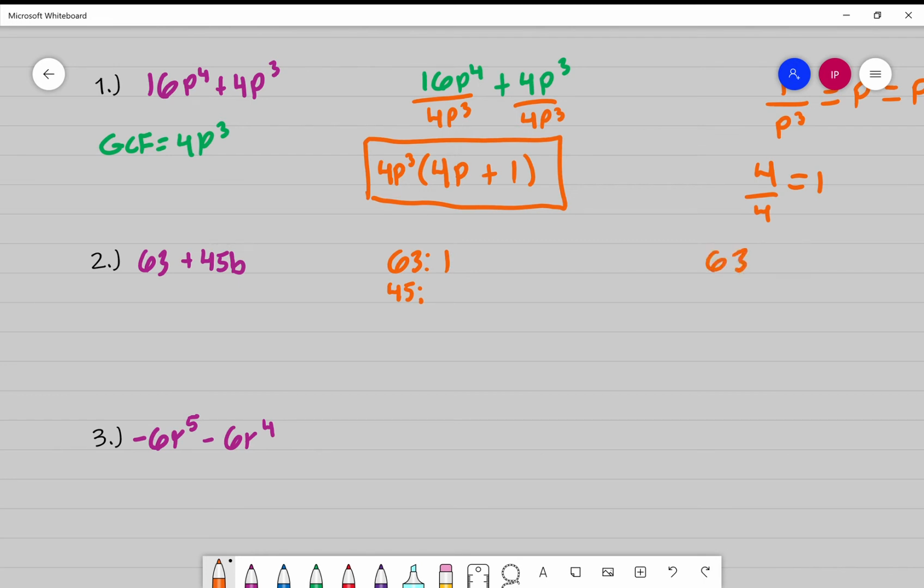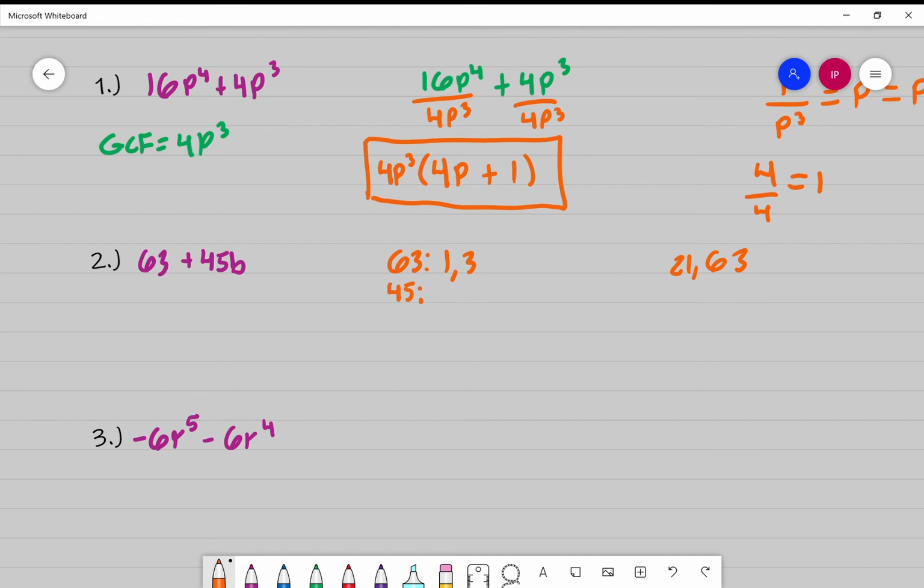We know 2 can't go into 63, but let's see if 3 goes into 63. It does. 3 goes into 63 21 times. Alright, what about 4? Can 4 go into 63? Nope, because it's a decimal. All we're doing is taking 63 and dividing by the number we're trying to see if it will go into 63.